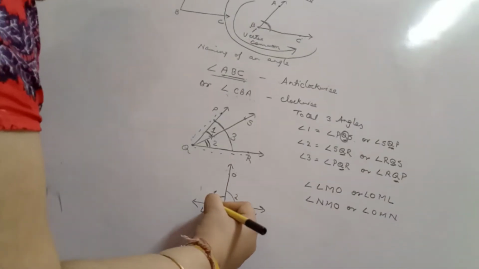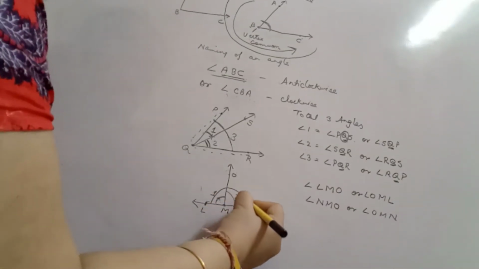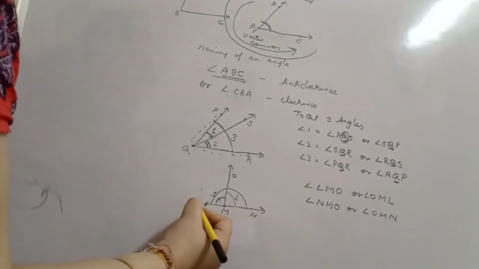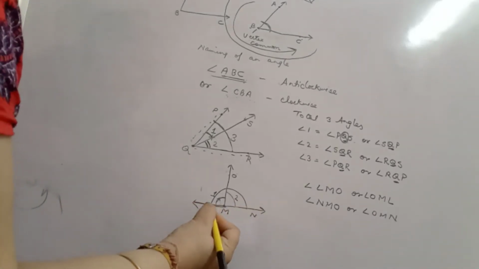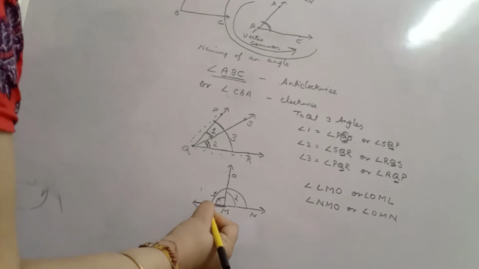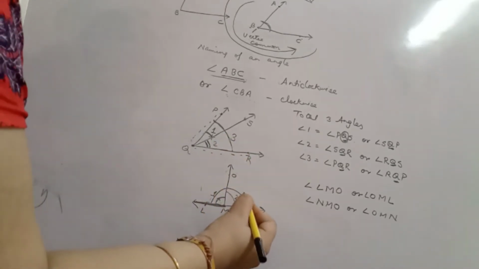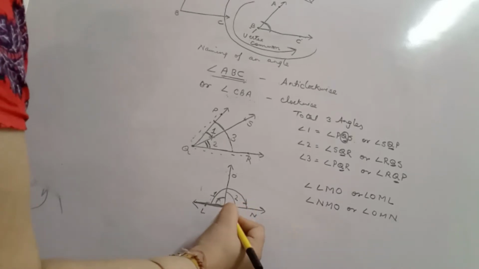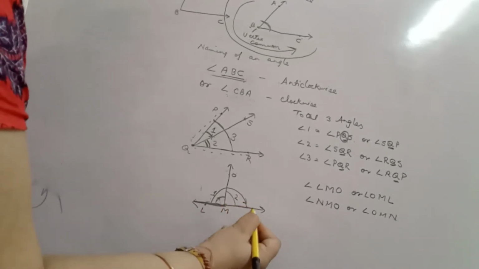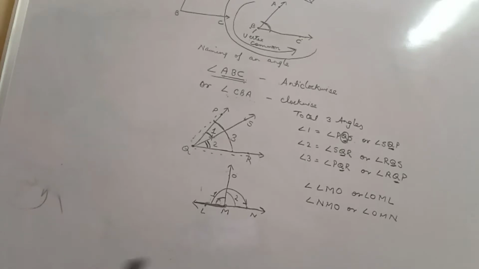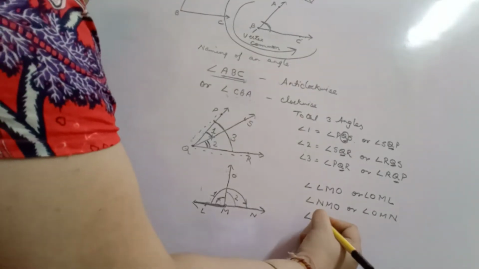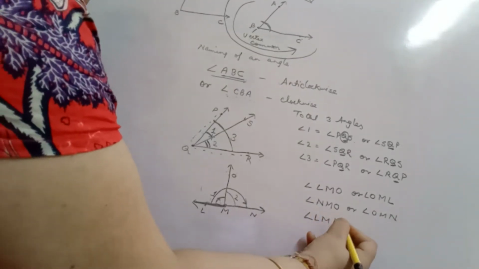Then comes the third angle. I will start from ray LM and leaving the between ray, I will go straight to the second ray, which is MN. So my third angle is angle LMN.